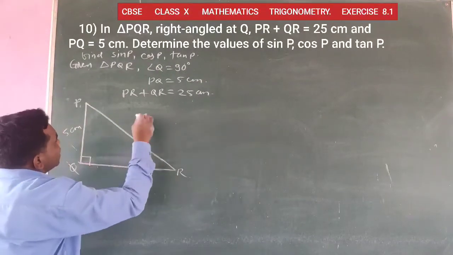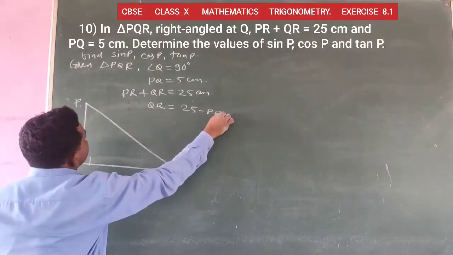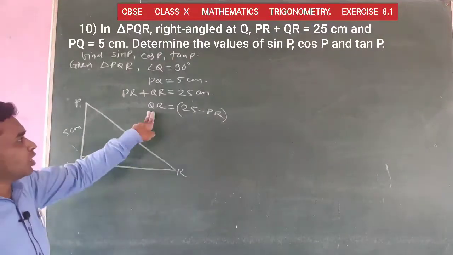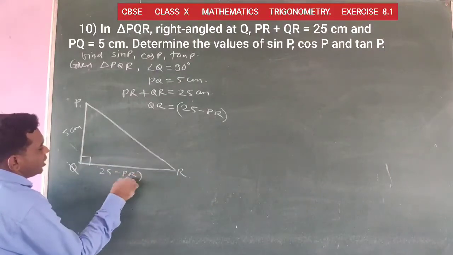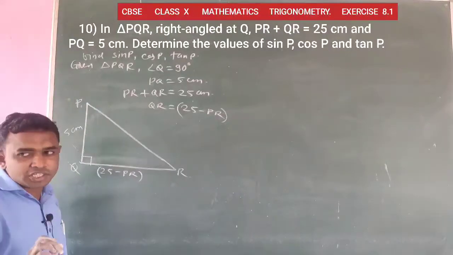So we consider the value of QR is equal to 25 minus PR. It is the value of the side QR, and PR as it is.